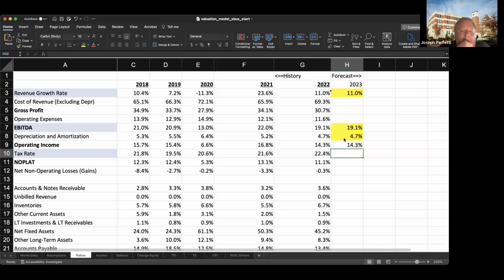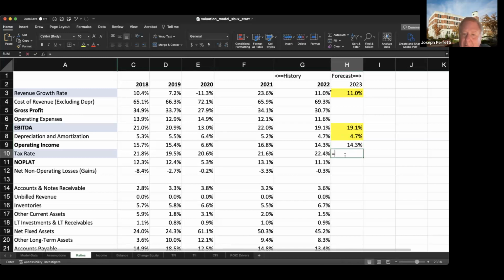That's not going to be yellow because it's actually based on the two items above, meaning EBITDA minus DA equals EBIT. So I don't want to forecast EBIT separately if I'm forecasting EBITDA. That's a choice we're making in the model. We could forecast EBIT and back into an EBITDA by adding in the depreciation. In this case, we're going to forecast EBITDA and back into an EBIT by subtracting depreciation. So for these three numbers, pick two, solve for the third. These are the two we're going to forecast. This is the one we're going to solve for.